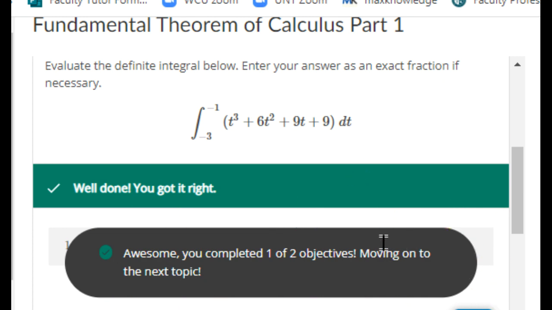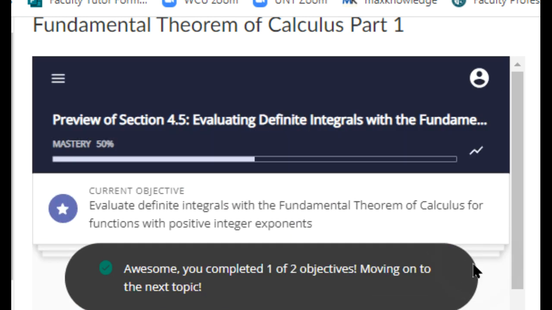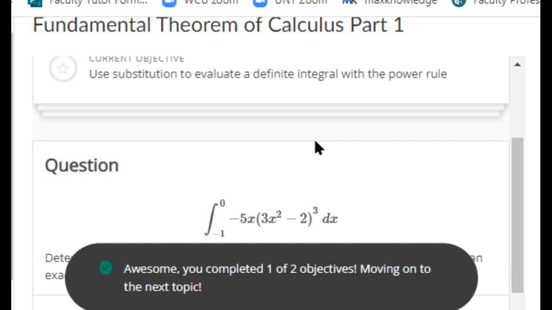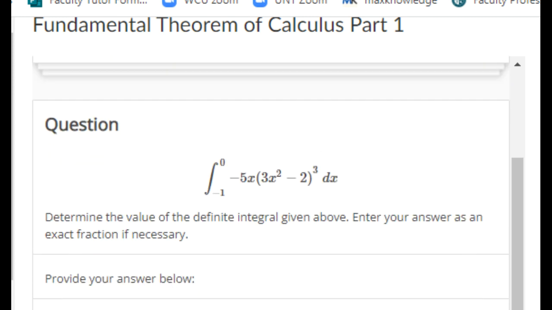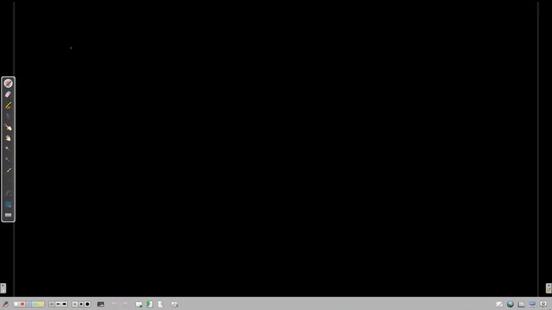All right, let's see what the other objective is. Oh, it's just doing it with a substitution. Okay, so here you have the integral from -1 to 0 of minus 5x times (3x squared minus 2) cubed.